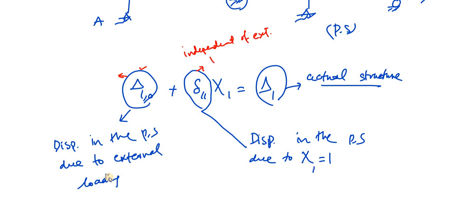So it's independent of the external loading, and for each different type of loading you need to determine this delta 1 naught. So as far as the geometry and the support conditions remain the same, as those conditions do not change, you do not need to calculate this for every different type of loading. You only need to calculate this term delta 1 naught. It depends on the external loading.